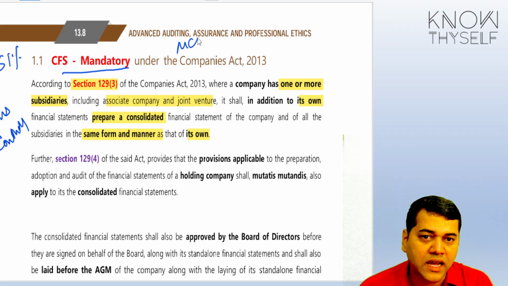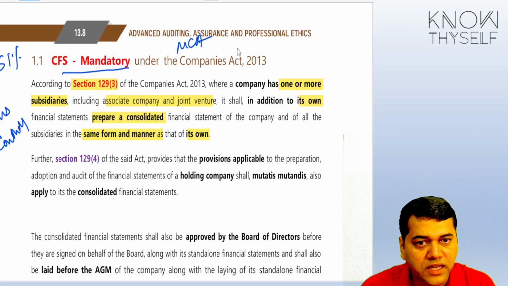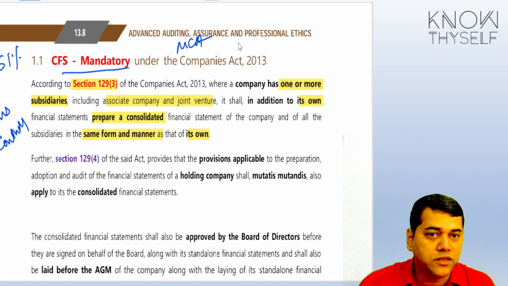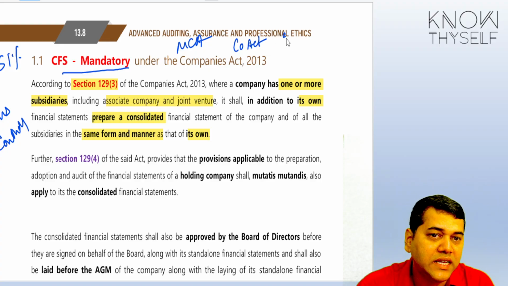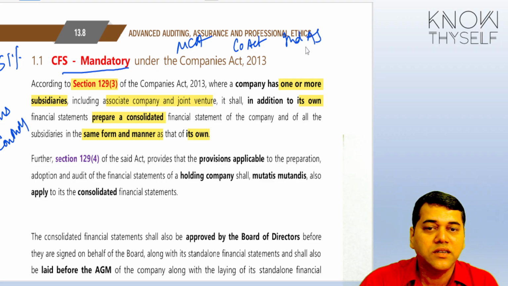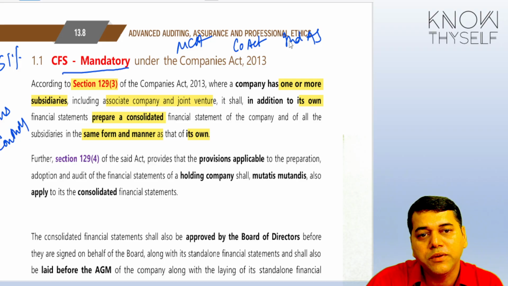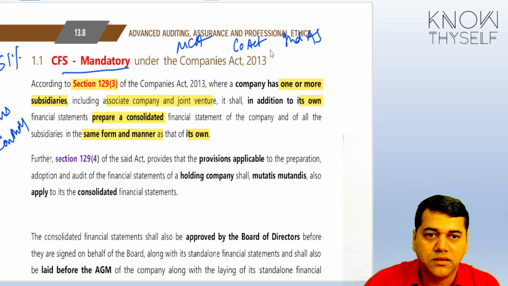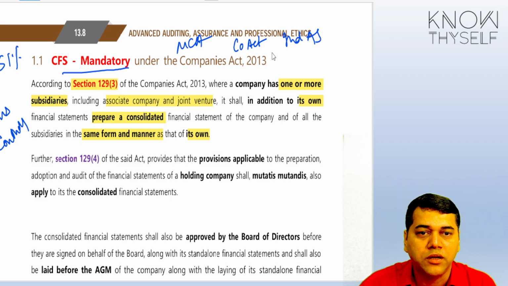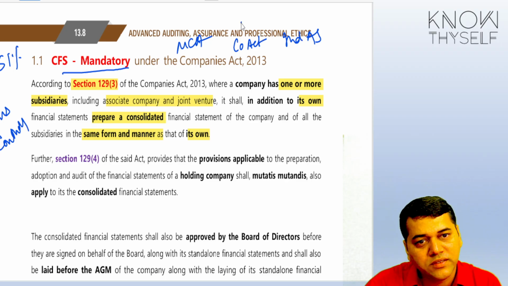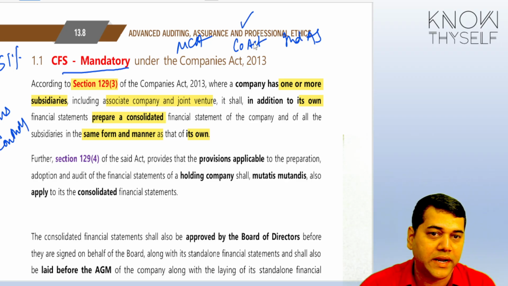And MCA has come with one notification which says that if there is any conflict when it comes to accounting between the Companies Act and Ind AS... Generally, whenever there is a conflict between Ind AS and, say, the Act, ICAI pronouncements, professional standards and regulatory requirements, who will survive? Always the law and regulation has the upper hand.